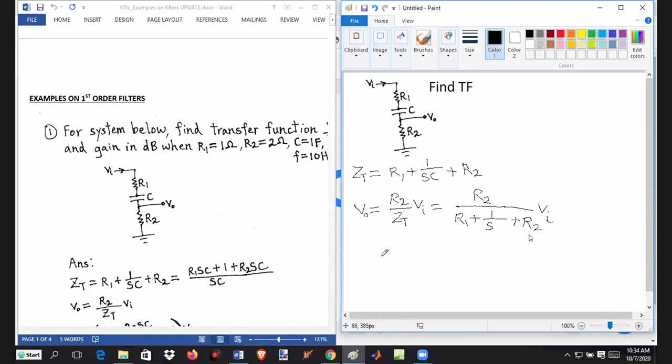Then you can simplify to R2 divided by R1S plus 1 plus R2S.